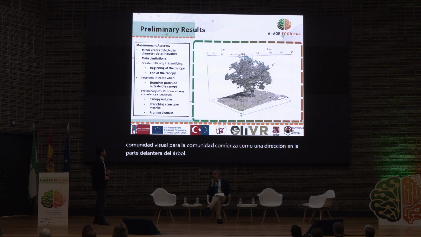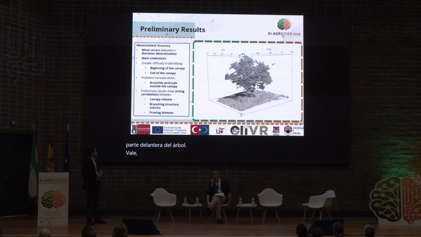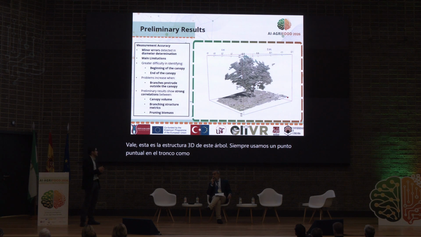This is the 3D structure of this tree. We always use a point in the trunk as the origin of the images and of the whole 3D volume of the tree, and it is possible to measure different features of this tree, mainly biomass and canopy volume.